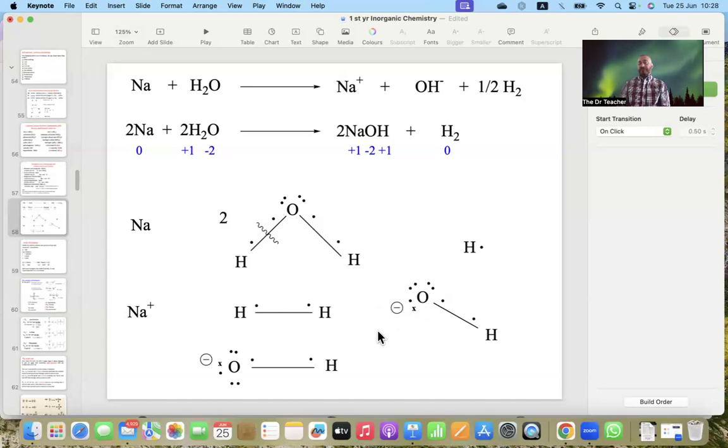Oxygen received 1 electron. So here originally the OH is stable with 8 electrons, and the 9th electron came from the sodium. So we always say OH minus and Na plus. Together they make sodium hydroxide.